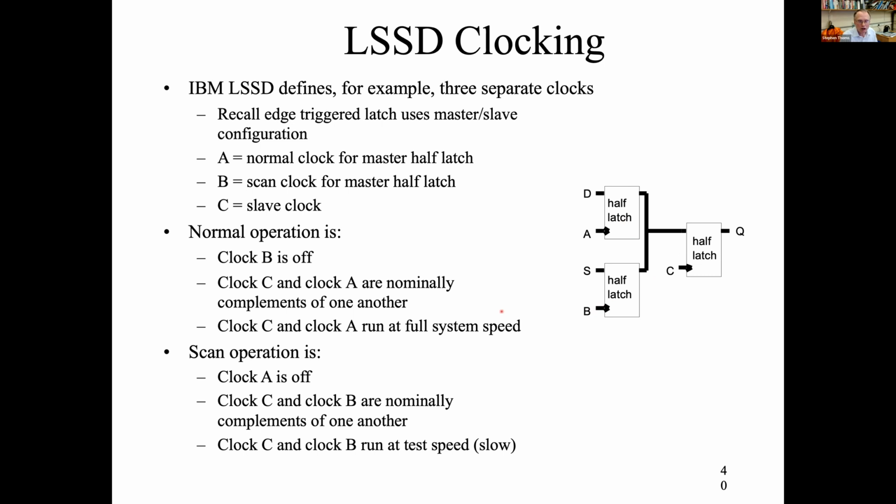However, in scan operation, you reverse things. Clock A is turned off, clock B is turned on. And then what you're doing is you're running these together. You then run it at a test speed, which is slow. You're putting in your data in a different way. But this also is a way you can clock different data into the system, depending on whether your scan clock is operational or not.